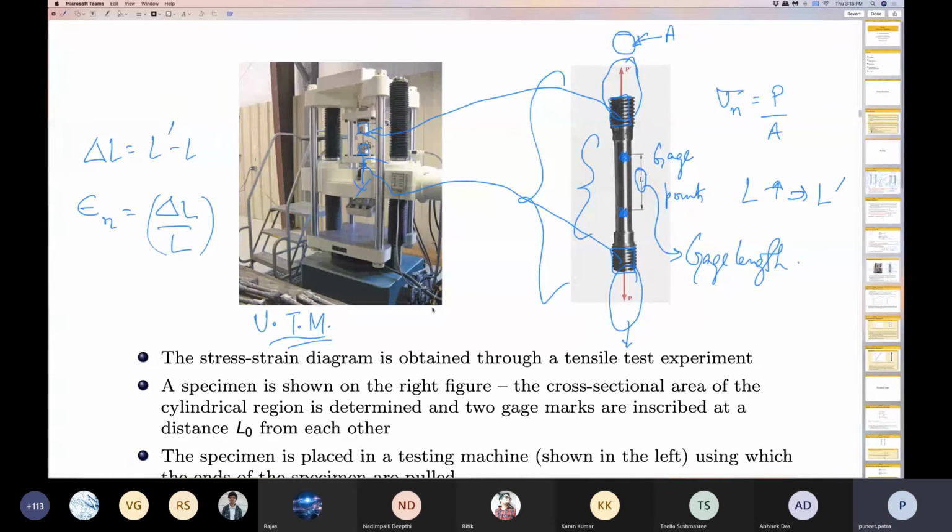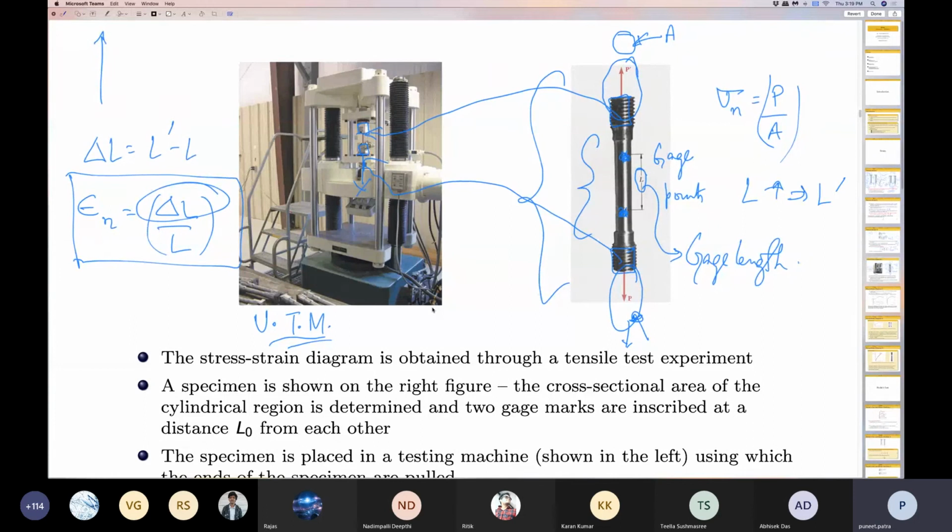So from this experiment, I can obtain stress by calculating the area through one of the measuring equipments. Similarly, if I know the initial gauge length through my initial measurement, in between two successive increases of load P, I am going to measure the new gauge length from which I calculate delta L, and from this I can compute the value of epsilon.